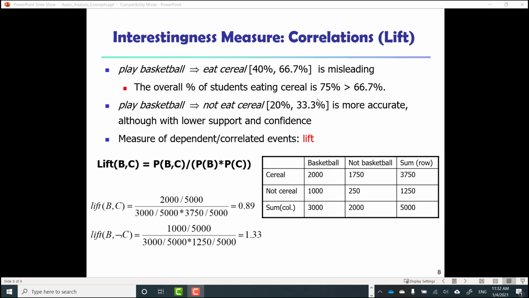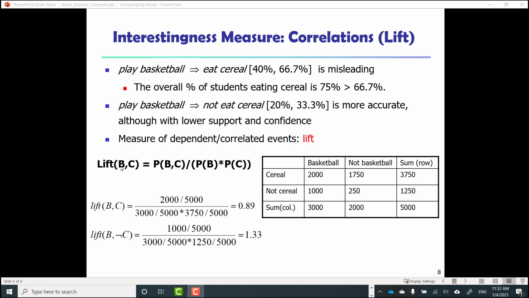To do that, we use the measure called lift. The lift is defined this way. I'll show you another way of calculating lift using the Excel sheet a little later.